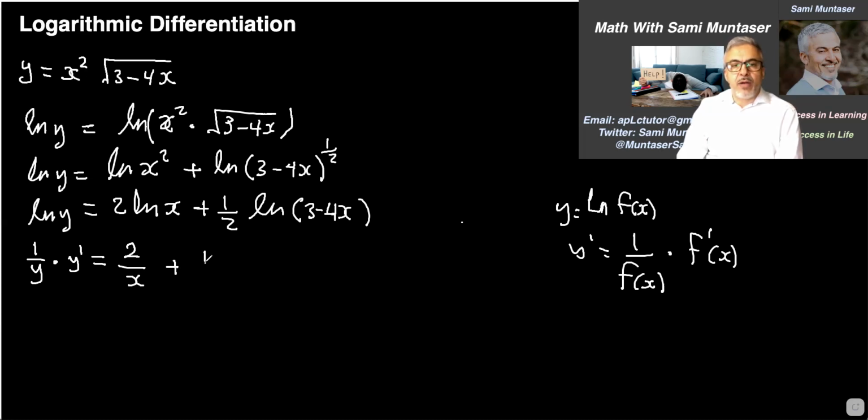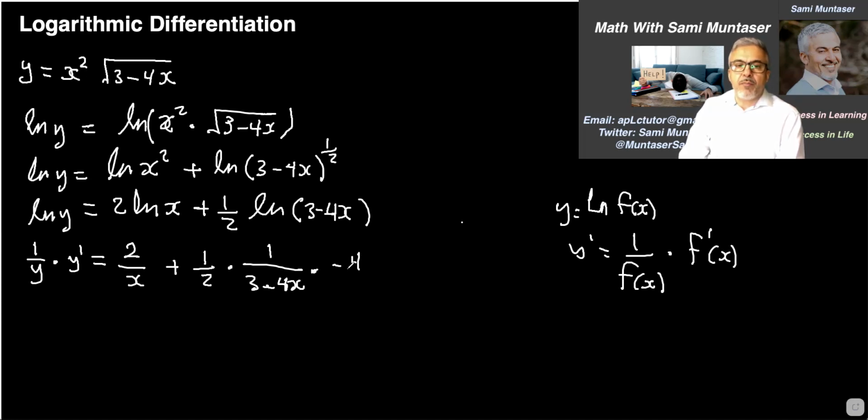plus, here we have the half, the derivative of ln 3 minus 4x will be just 1 over 3 minus 4x times the derivative of what's inside, so it's chain rule, and that's going to be -4.